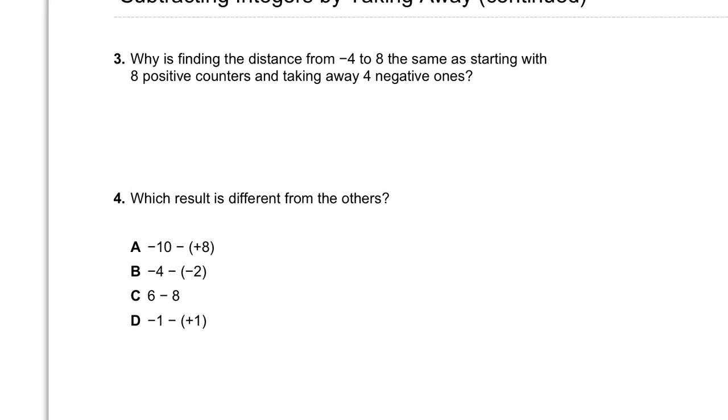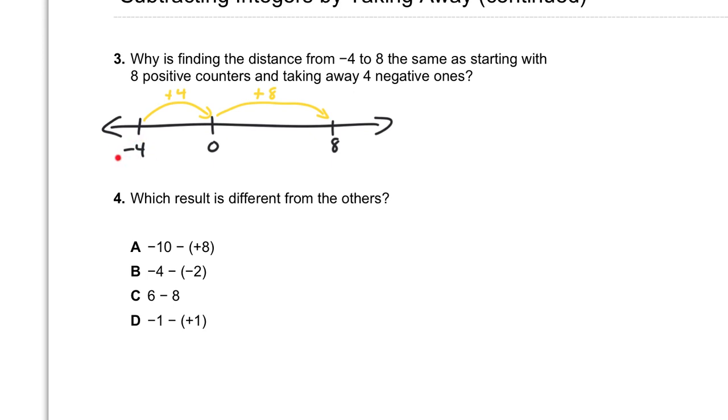Why is finding the distance from -4 to 8 the same as starting with 8 positive counters and taking away 4 negative ones? Okay, let's do this. Here we have a number line showing that the distance between -4 and 8 is a difference of 12, right? You take a hop of 4 to get to 0 and another 8 to get to 8, and there you go, you've got 12.